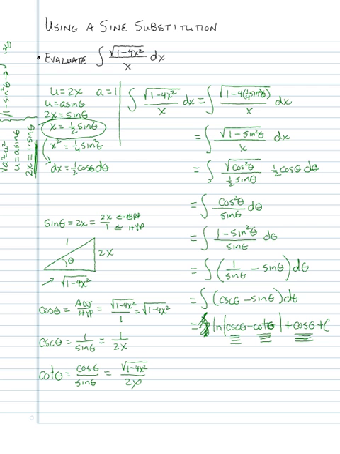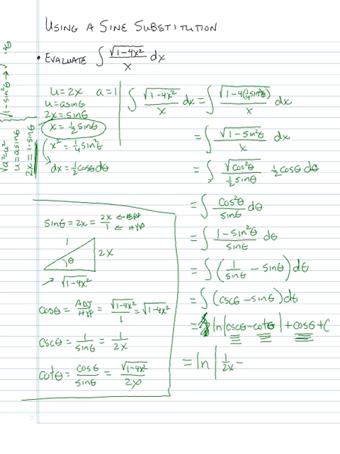So, after we've used that information, now what we're going to do, of course, is make those appropriate replacements here. So we have the natural log of cosecant of theta. Well, that's 1 over 2x, minus cotangent of theta.